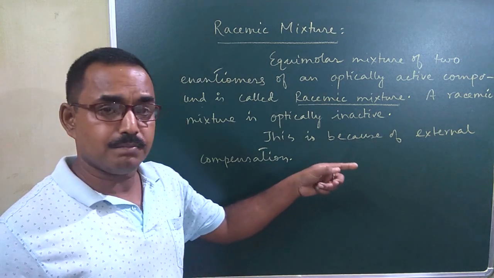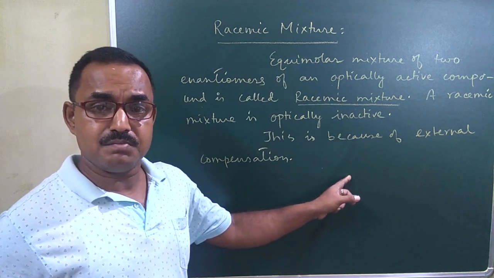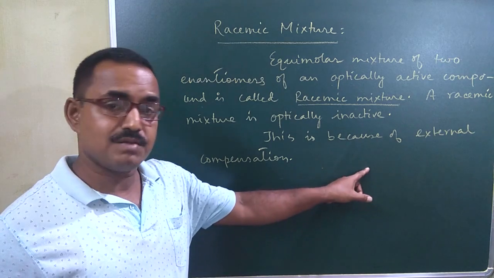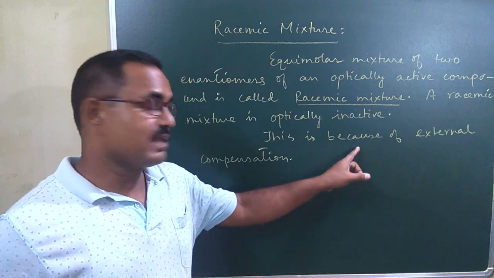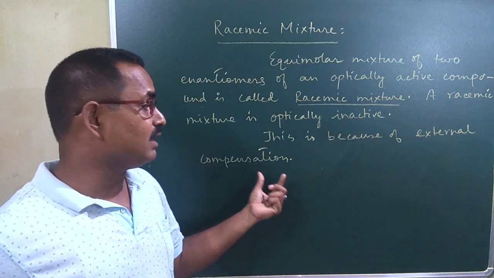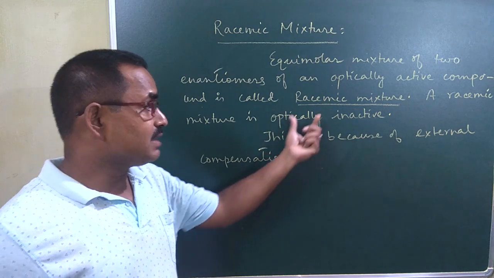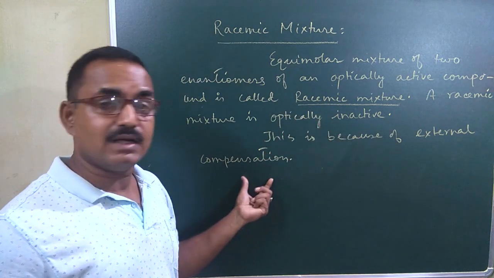In case of meso compound, there was a plane of symmetry, internal plane of symmetry. With respect to that plane of symmetry, rotation caused by one part of the molecule is nullified by the opposite rotation of the other part. So this is what is called internal compensation. But in case of racemic mixture, the optical inactivity is because of external compensation.